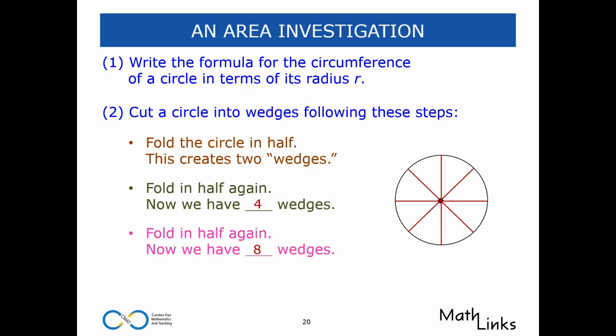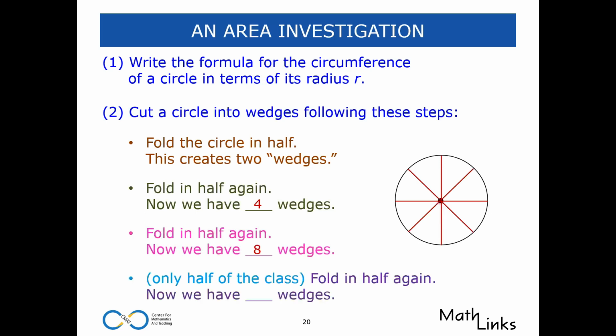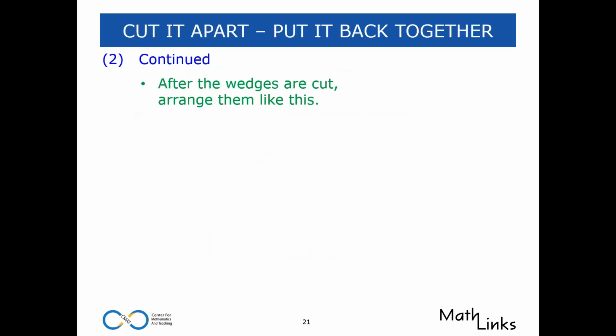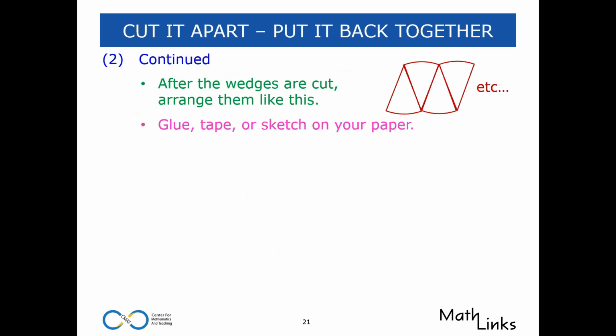We suggest that half the class make 8 wedges and the other half of the class make 16 wedges for contrast and comparison. We continue by cutting out the wedges and putting them together like this.